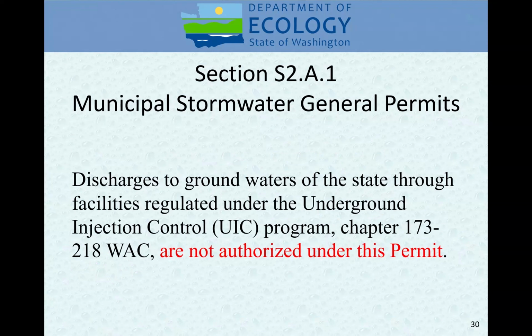Whoa, how do we decide which ones are authorized under the permit and which ones are not? Which discharges to groundwaters are covered through the UIC WAC 173-218 or are covered under the municipal permit?